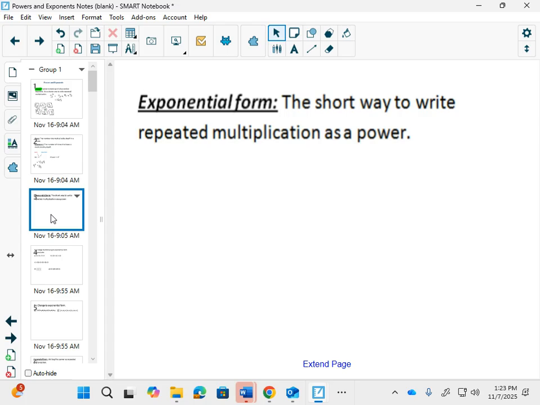We call this idea of writing something as a power its exponential form, because it has an exponent. It's a short way to rewrite multiplication.